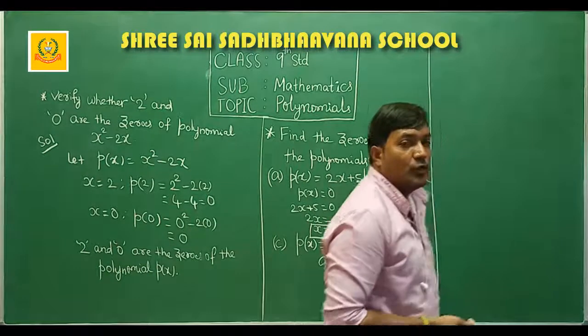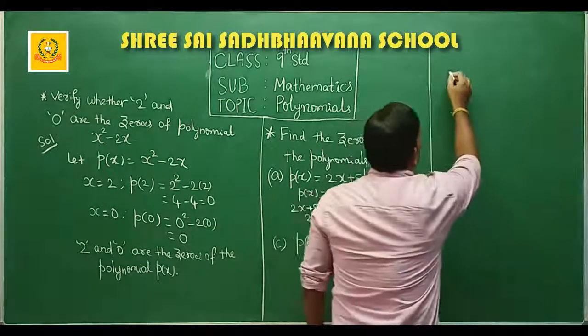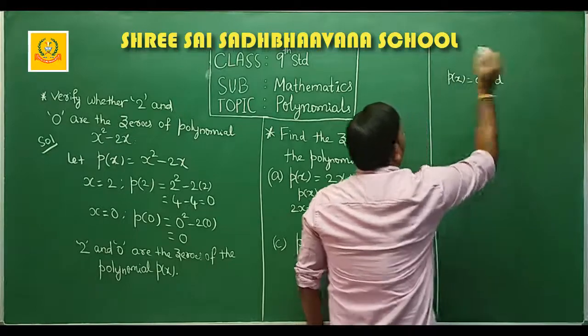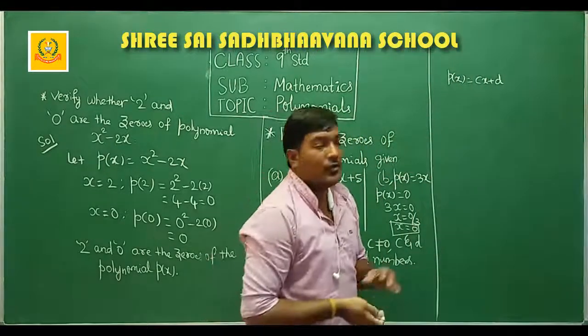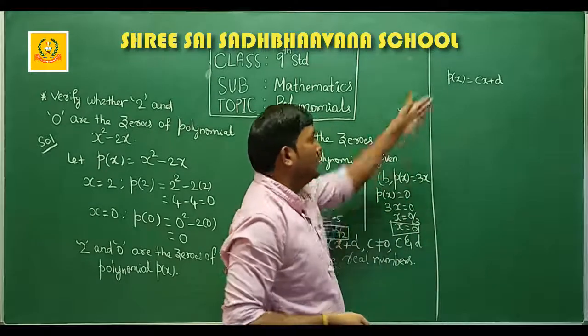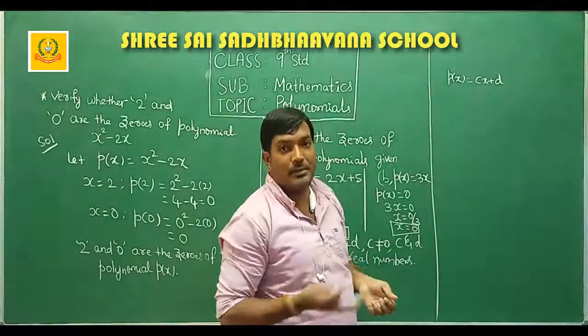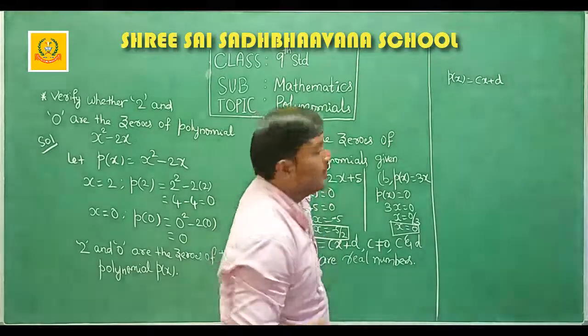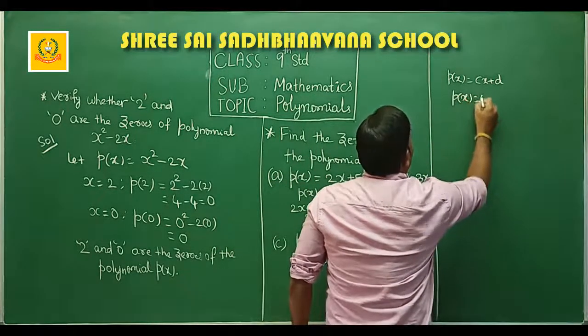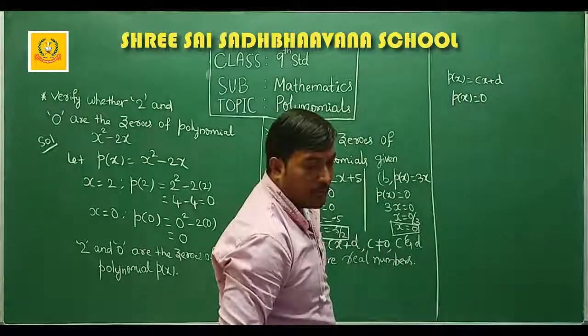P of x is equal to cx plus d. Here, constants are there, but there we did not have any numbers. They are all formats, right? So here also we have to proceed with the same step. P of x is equal to 0.